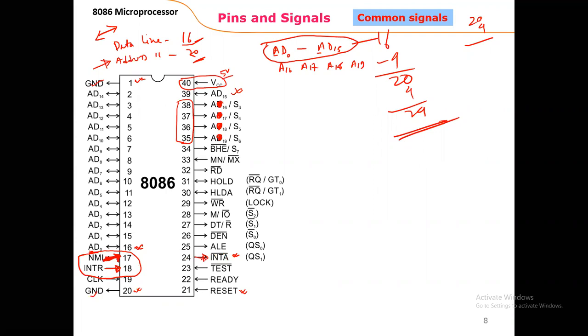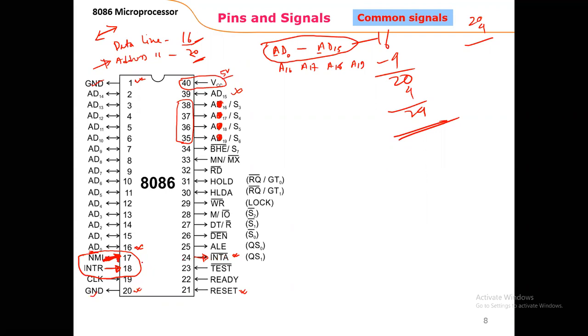If this pin is low, then this signal is active, this work is active. Okay, if not bar, all are 5 volt active, but this signal 0 volt active. If this pin is low, then this pin is active. Okay, clear? Yes, sir. This is the interrupt acknowledgement.